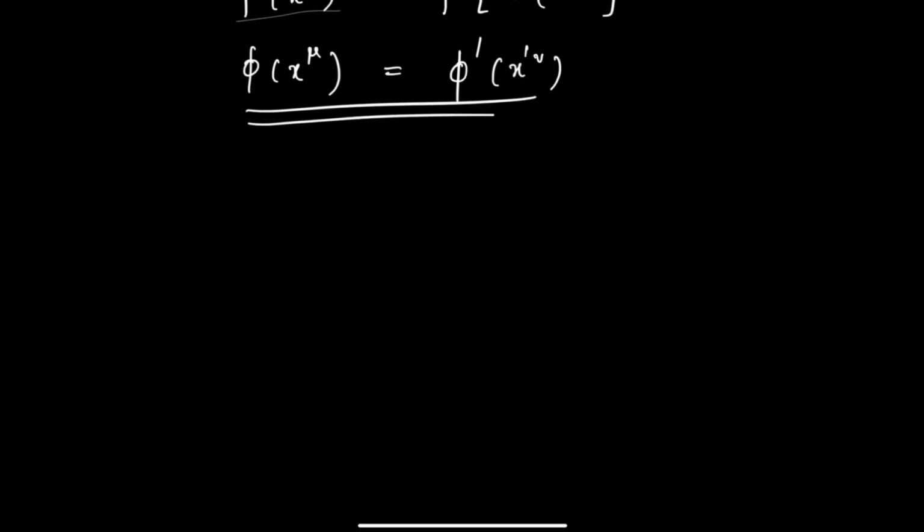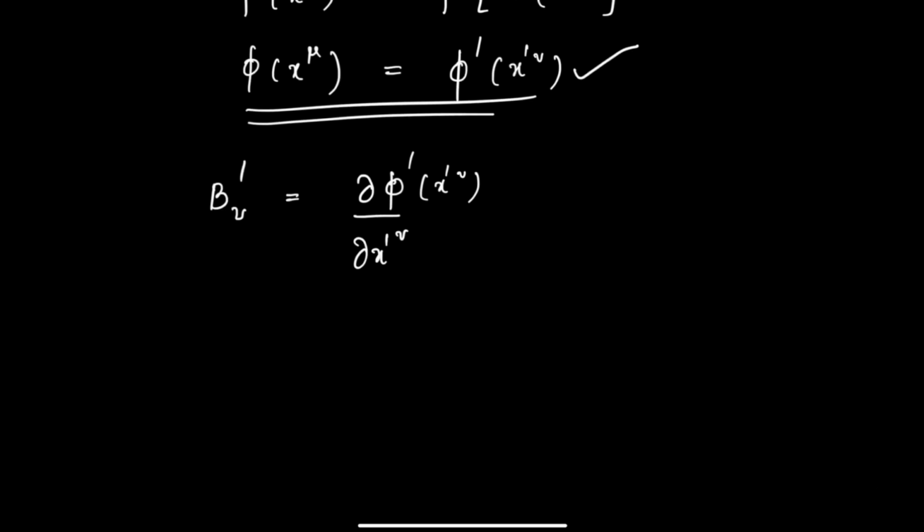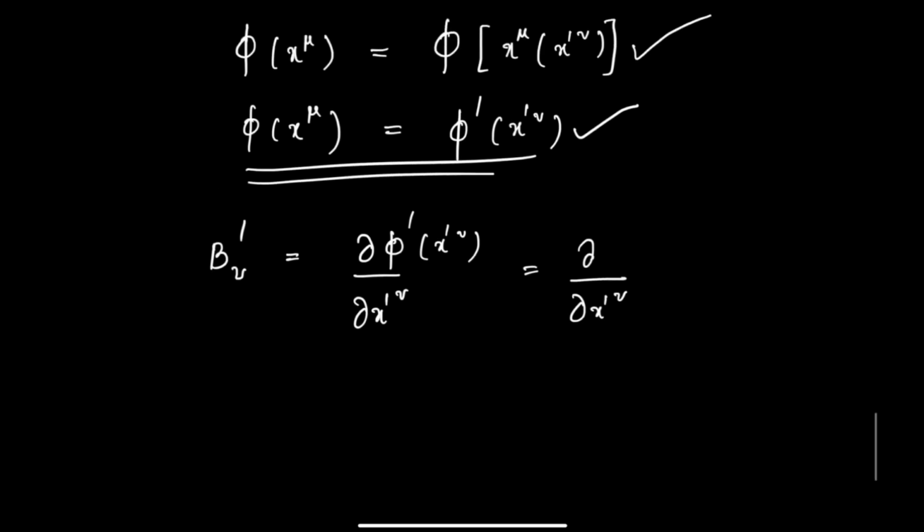Now, in the new coordinate system, again you have to define the normal. So here I define B nu prime. This is the normal in the new coordinate system, that I can write as the partial derivative with respect to x prime nu. Now what is the transformed one? Phi prime of x prime nu. Now this can be written as the partial derivative with respect to x prime nu of phi of x mu, which is again a function of x prime nu, right?